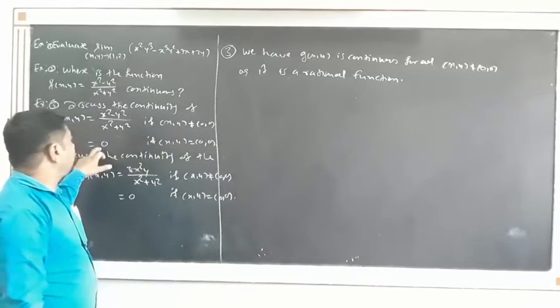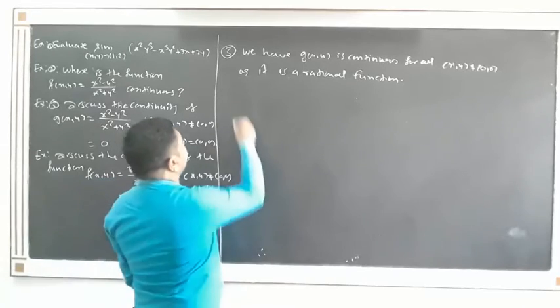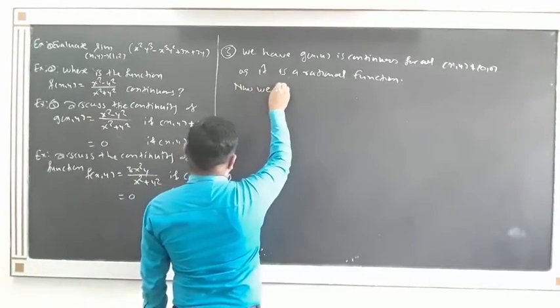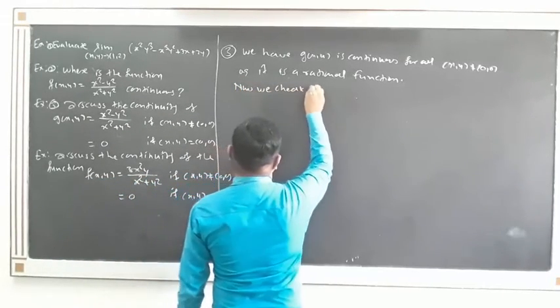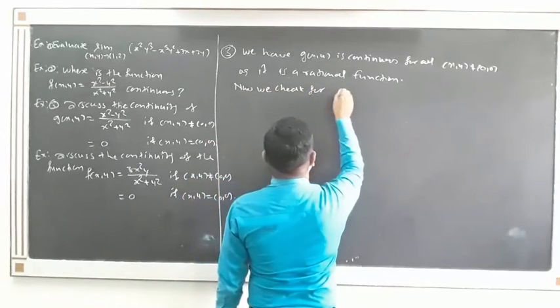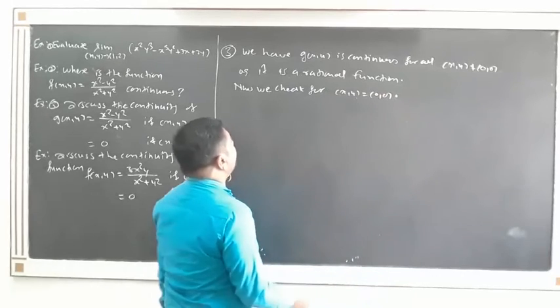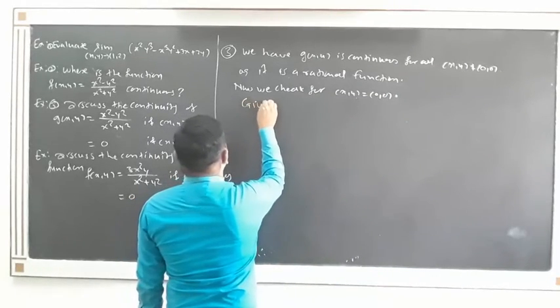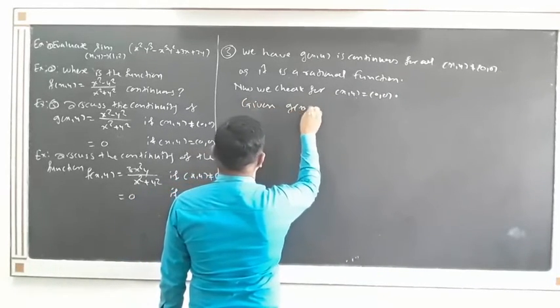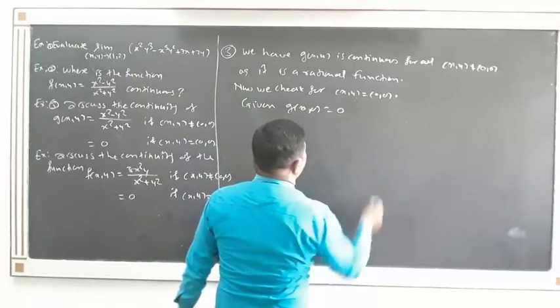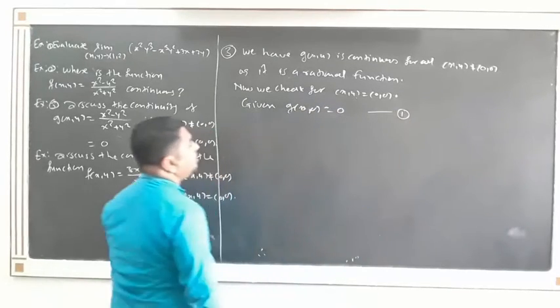But now we have to check for xy equal to 0, 0. So use the definition of continuity. What is given? We have g of 0, 0 equal to 0. Say this is equation number 1. Now what do we have to find?